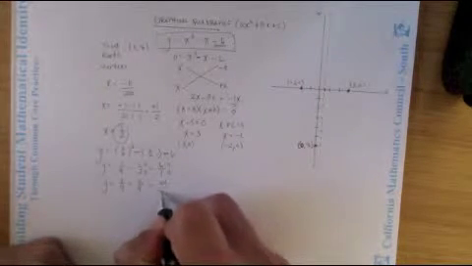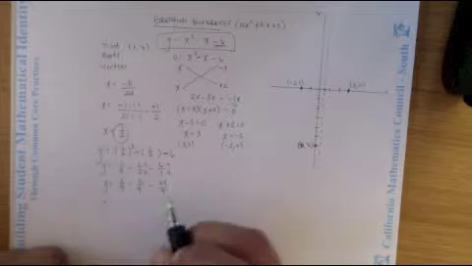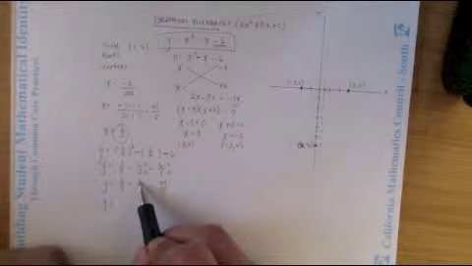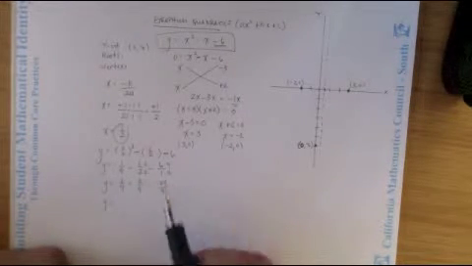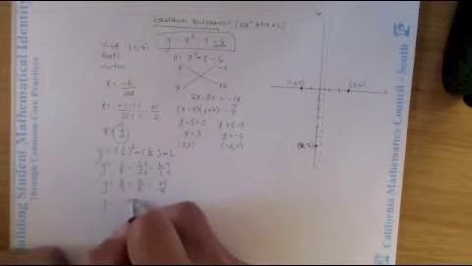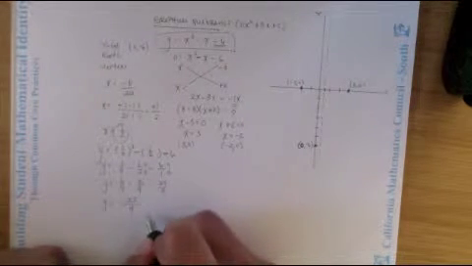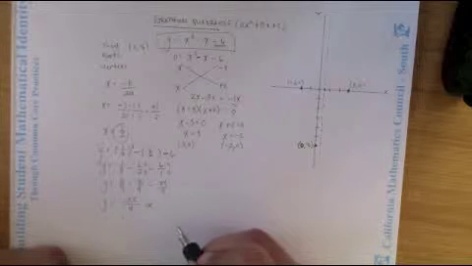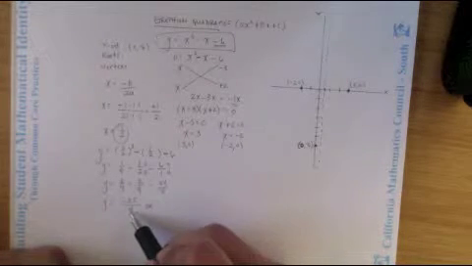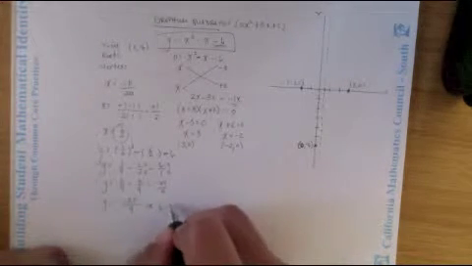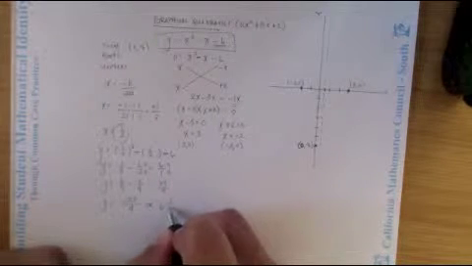We're going to get 24 over 4, and we just do our math. 1 minus 2 is negative 1. Negative 1 minus 24 is negative 25, divided by 4. Or, let's try to get a whole number here. How many times does 4 go into 25? That'll be 6, with 1 left over, and that'll be 4.